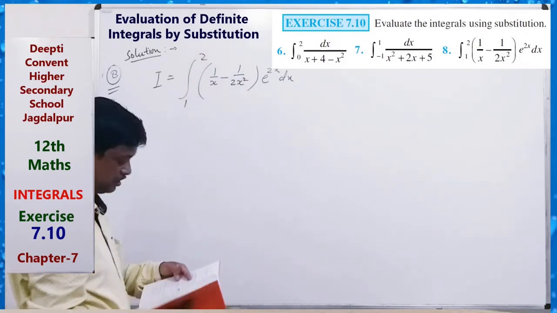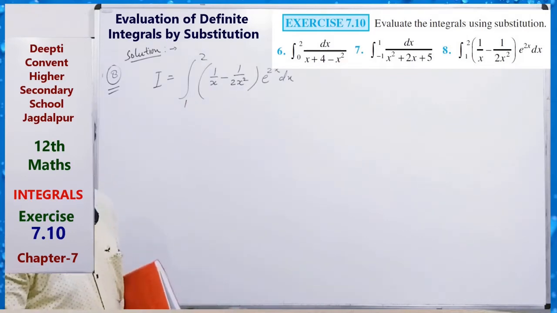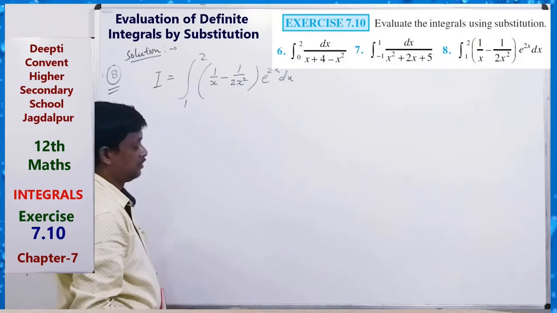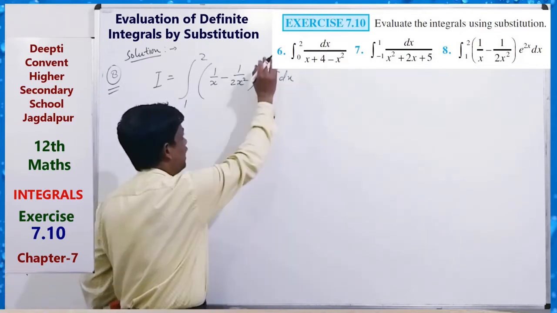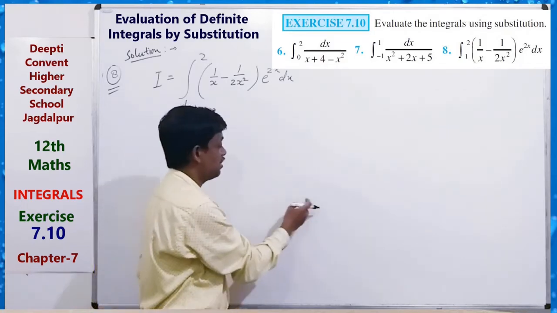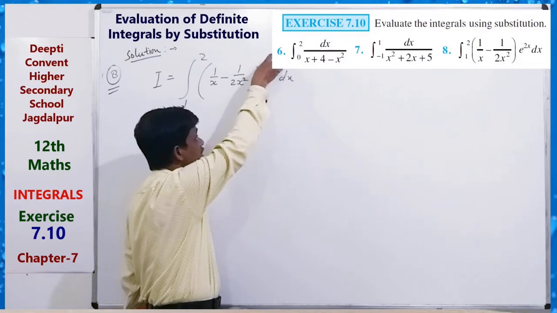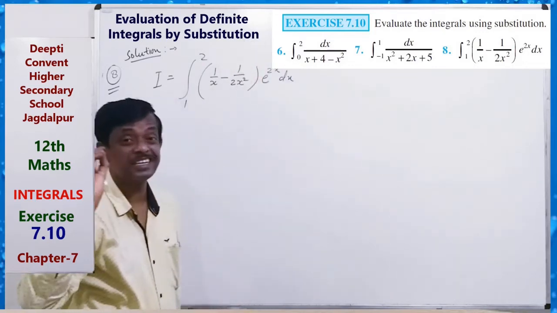Here also, because of e to the power x, we remember the formula e to the power x times f plus f dash. But here e to the power 2x is there, so that should be single.